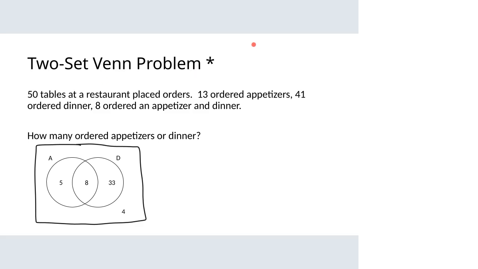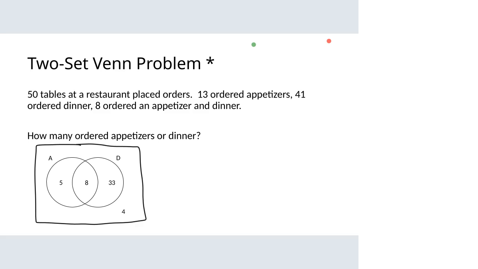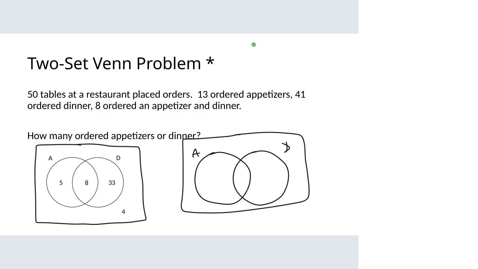All right, the first thing I'm going to do is redraw this diagram for us. From these instructions, I'm going to draw the diagram. 50 tables at a restaurant placed an order. 13 ordered appetizers, 41 ordered dinner, and 8 ordered an appetizer and dinner. I only have two things that I care about in this Venn diagram: appetizers and dinners.